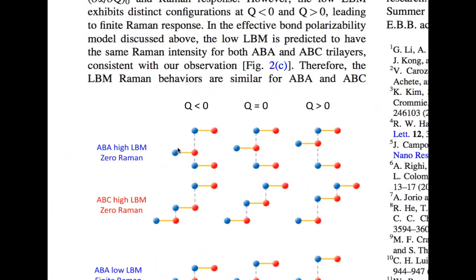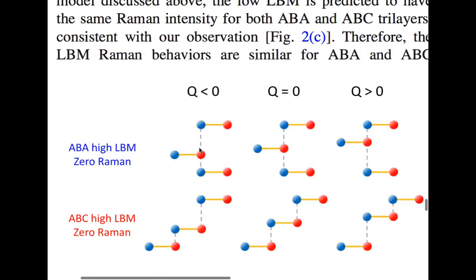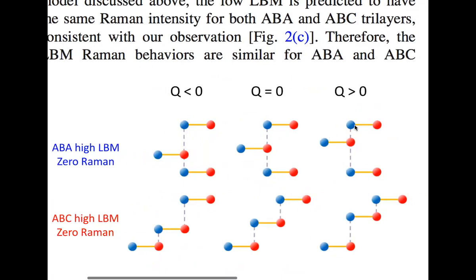So the breathing mode is much simpler. Let's look at the vibration. In the higher vibration, the middle one will go down and both of the layers will move in opposite directions. So on one end, you have this, you have this. If you shine in-plane light, this one and this one look exactly the same, right?